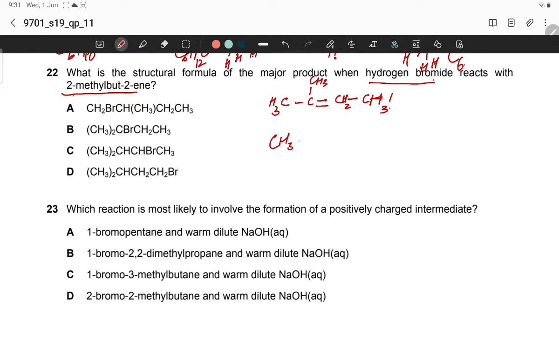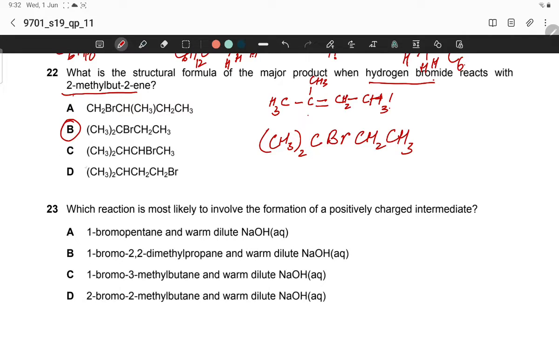CH3 twice, CBr and CH2CH3. This might be correct.